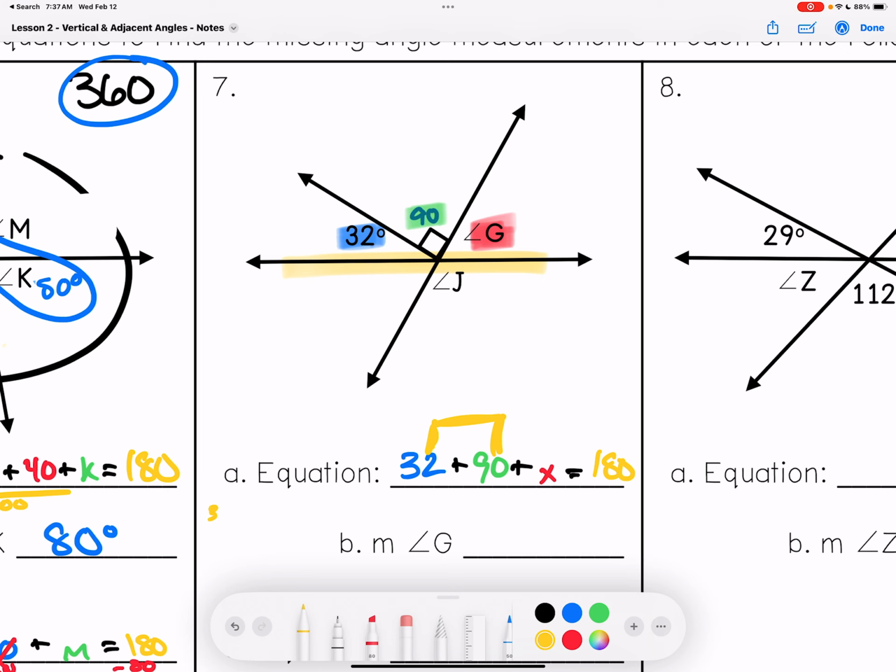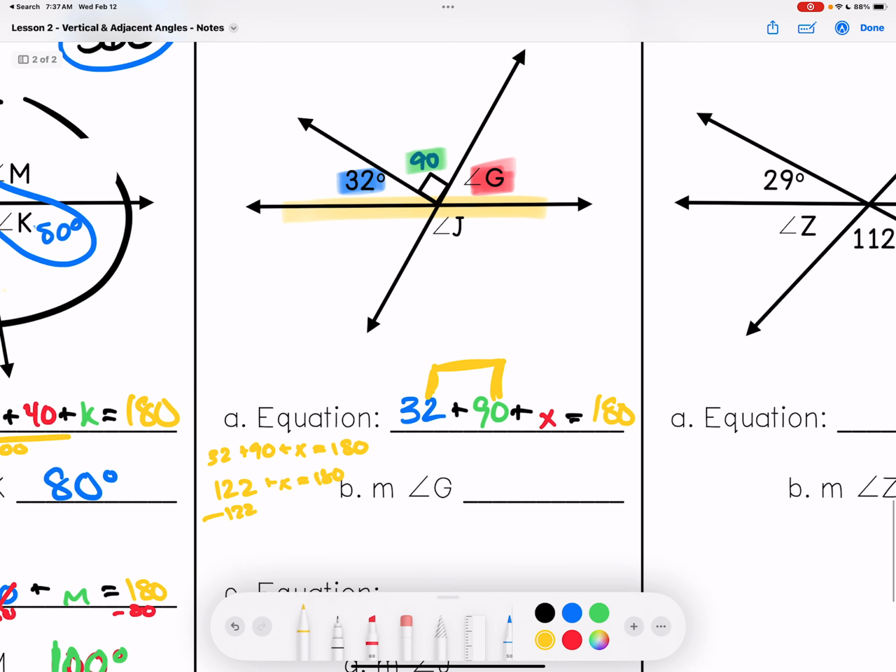So it would be 32 plus 90. So that would be 122 plus X equals 180. And then I would subtract. And you would get X equals 58 degrees.